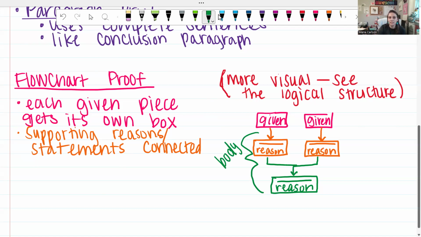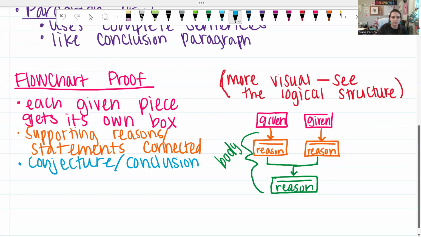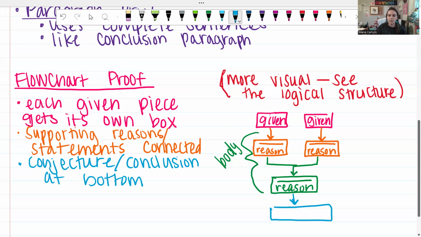And then we get to the end. We reach our final conjecture. So the conclusion or the conjecture, let's see, I'm going to do it in blue. So the conjecture, the conclusion, the end of the proof is at the bottom. So using our reasoning, using what we know about the problem, we are able to arrive at our final conclusion.